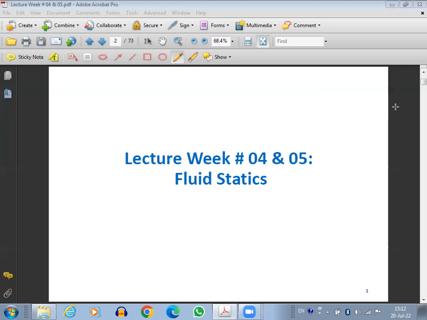Statics was a different subject, dynamics was a different subject, although they combine together in solid mechanics. But here we are taking it as a single subject, fluid mechanics. So initially we are going to start with fluid statics.